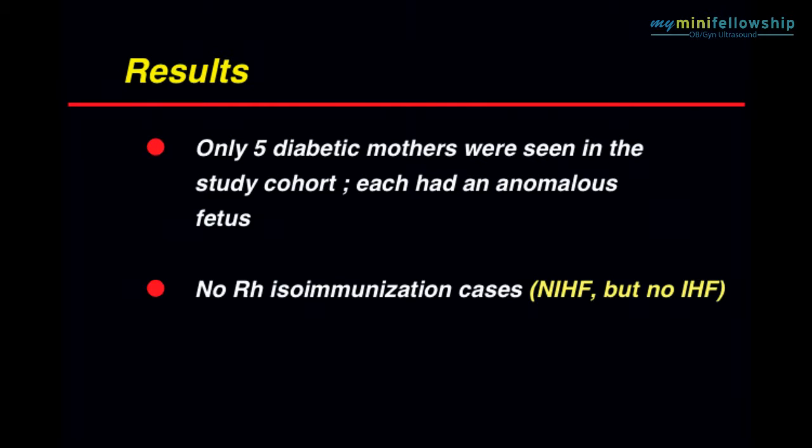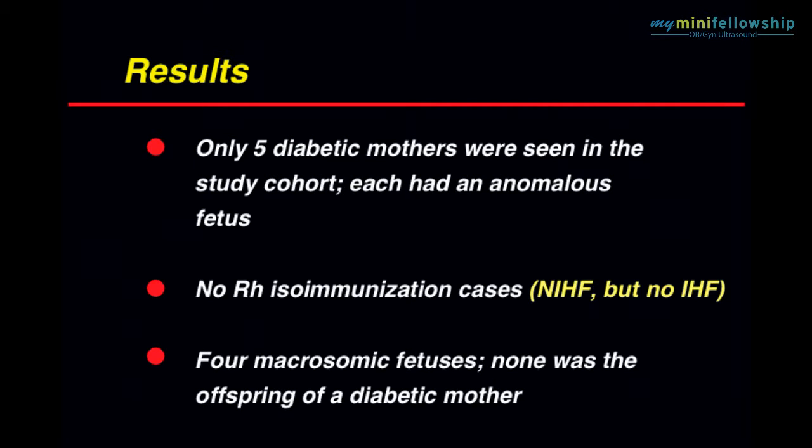We didn't have any cases of immune hydrops fetalis, but immune hydrops fetalis can be associated with polyhydramnios in the same way that non-immune hydrops fetalis can be. There were 4 macrosomic fetuses in the group, but none happened to be the offspring of a diabetic mother.